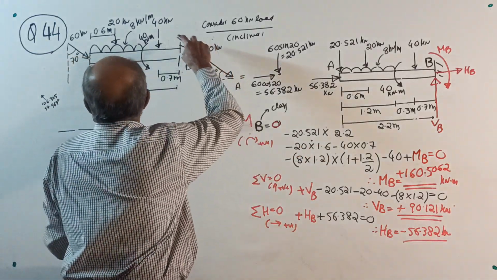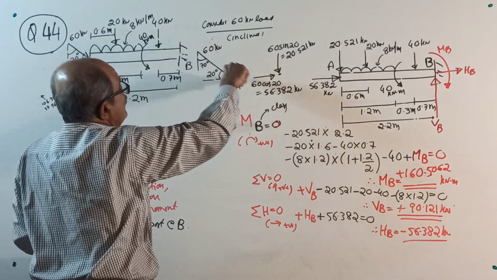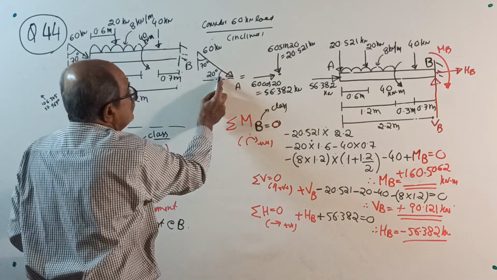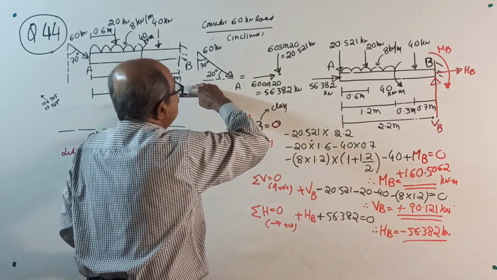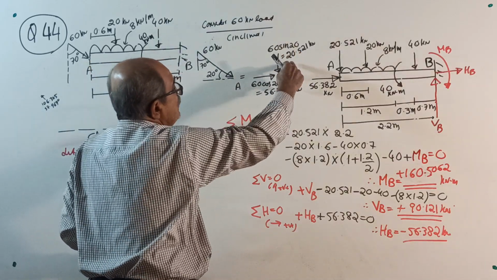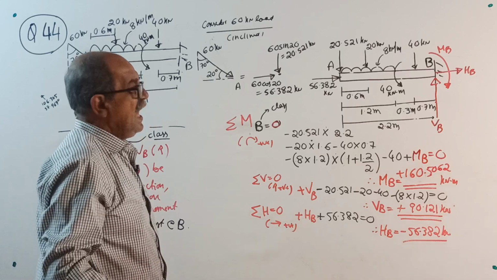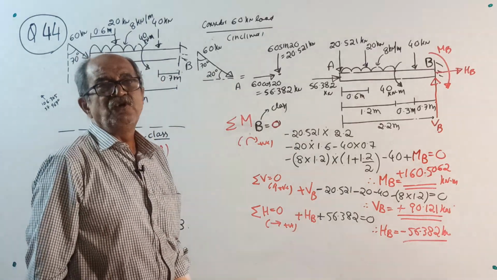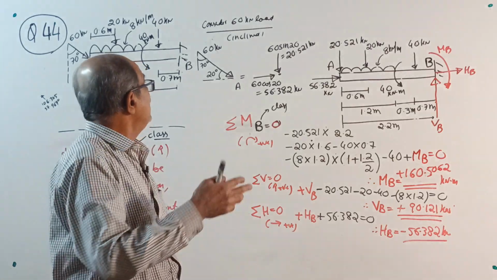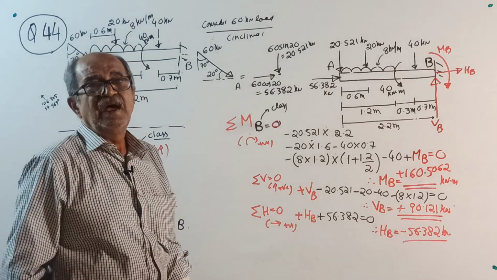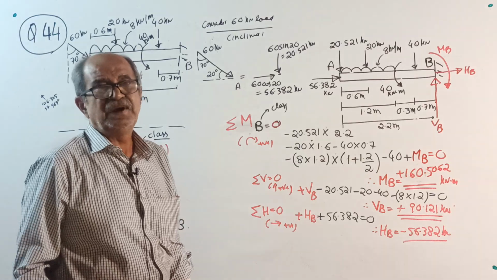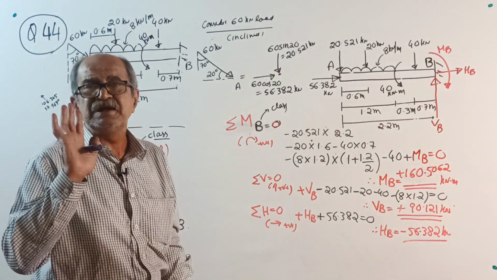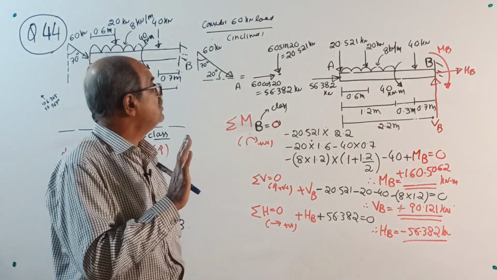First, the 60 kilonewton load is resolved into components. 70 degrees with vertical is given, so with horizontal it is 20. So this is 60 cos 20, 60 sin 20. Actually you can use 70 degrees, then horizontal will be sin, vertical will be cos. But as I told earlier, to avoid confusion we want one systematic approach.